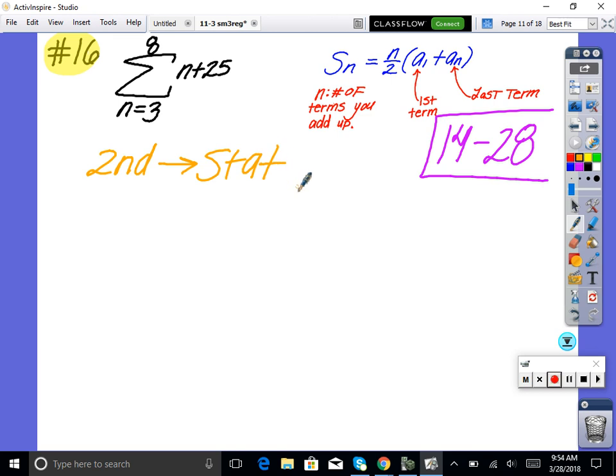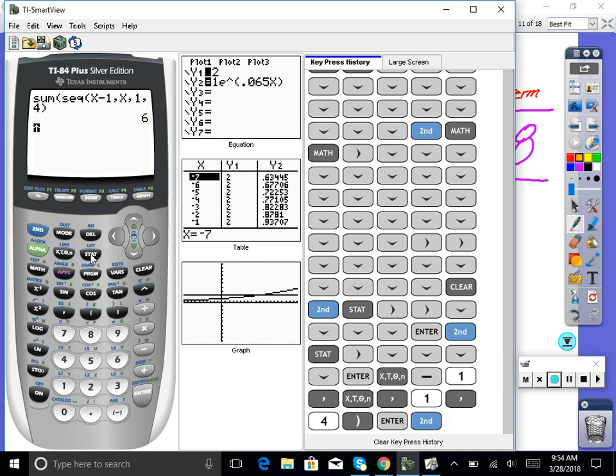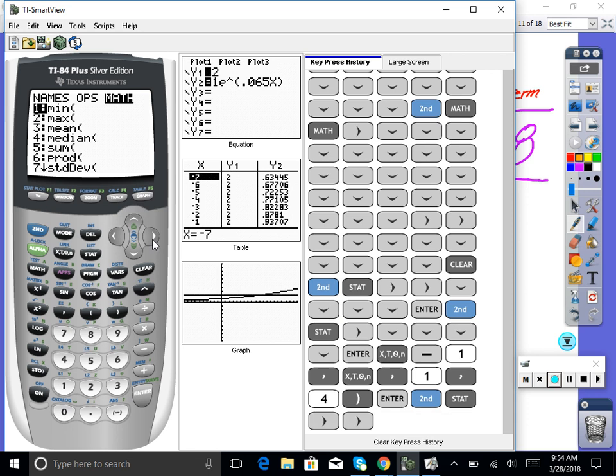Then you're going to scroll over. I'm going to bring up my calculator. Okay, so here's my calculator. Hit second stat. Is everybody with me here? It doesn't have that. Go over to math.